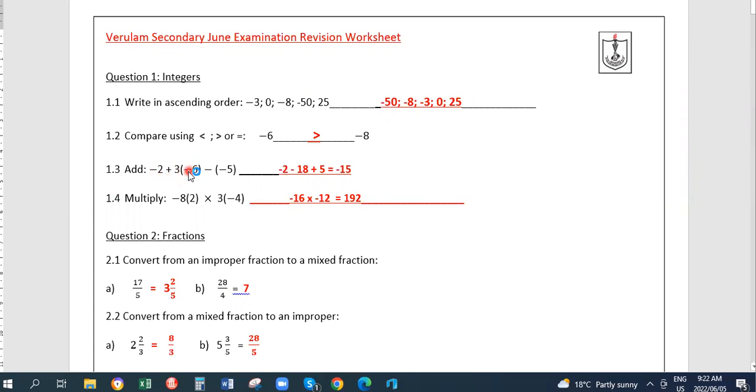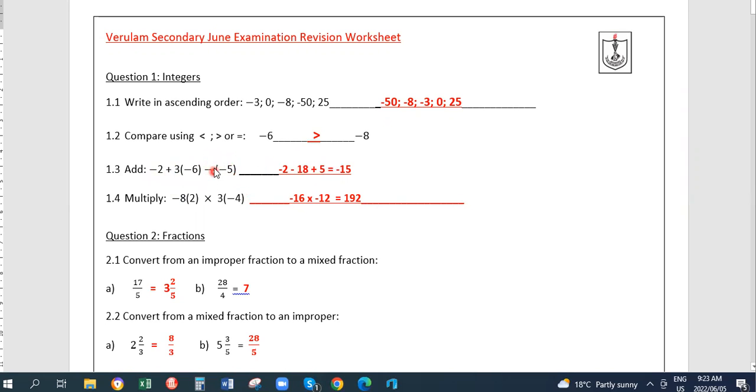According to the BODMAS rule, it's multiplication first. So on multiplying, we got our -2 here. You're multiplying 3 times 6, which is 18. And the rules for multiplication of integers: positive times a negative is a negative, and negative times a negative is a positive. And we have 5, because this is a 1.